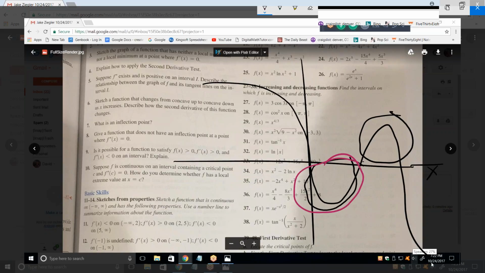If the second derivative is positive, it's concave up. If the second derivative is negative, it's concave down. Is this concave up or down? It'd be concave up, which means the second derivative is positive. Positive goes with up. Negative goes with down.